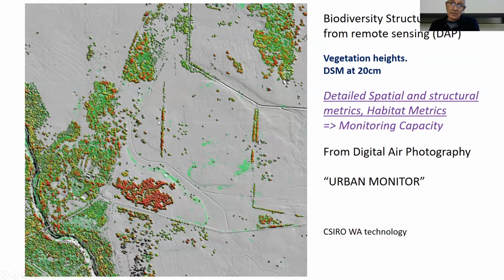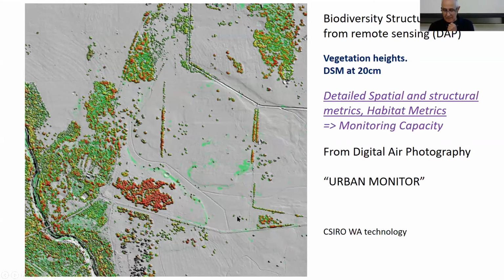What the colours here represent is the height of the vegetation or the height of objects above the ground. So they have a metric height. And from this data, the ecologists who are working at this scale had the opportunity to find detailed structural metrics about height and vegetation, which might affect, say, the roosting habitats of cockatoos or whatever.